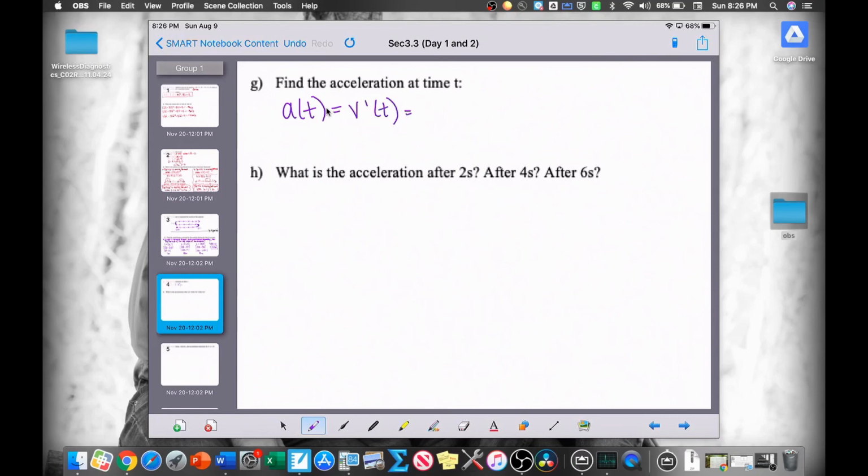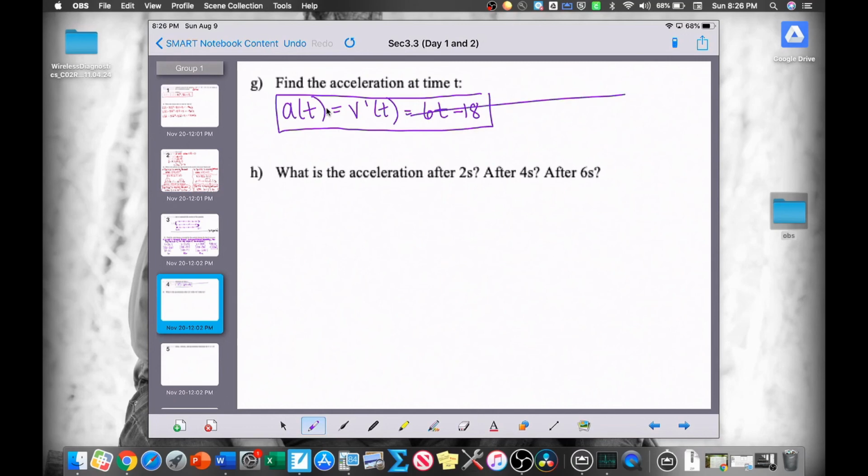Again, velocity was 3t squared minus 18t plus 15. So the derivative of 3t squared, bring down the 2, multiply it times the 3, that's going to be 6t. And the derivative of negative 18t is just negative 18. The derivative of 15 is a constant, it goes to 0. So our acceleration function is 6t minus 18.